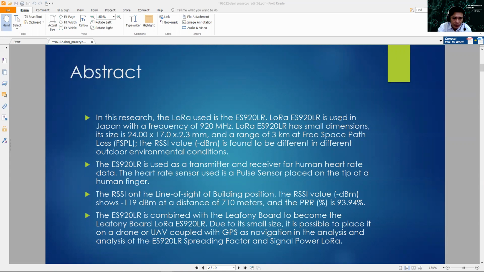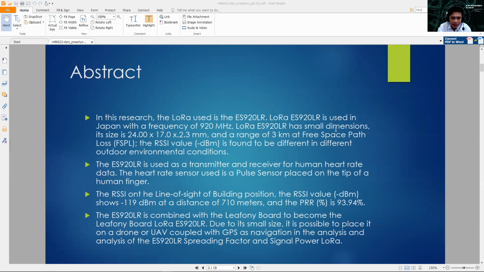The size is 24 centimeter and 17 centimeter and 2.3 millimeter for thickness, and a range of 3 kilometer at free space path loss, or FSPL, and the RSSI value in dBm is found to be different in different outdoor environment conditions.